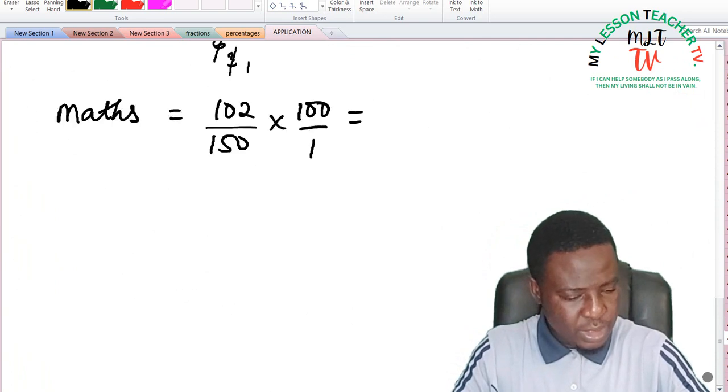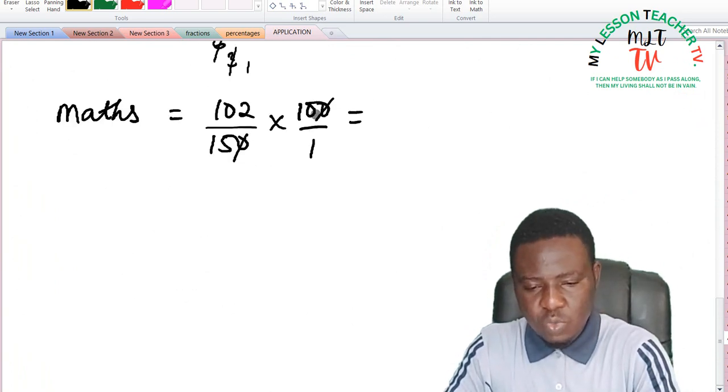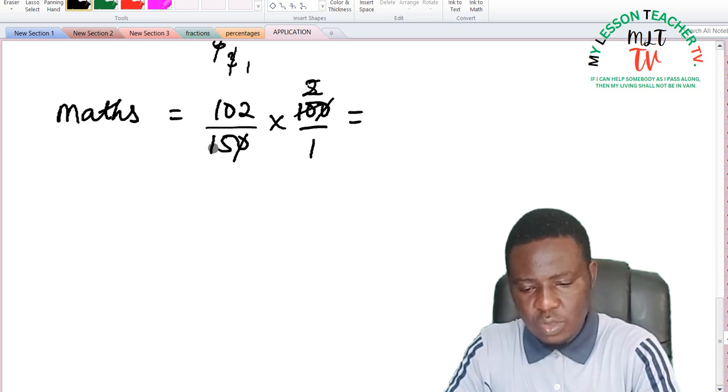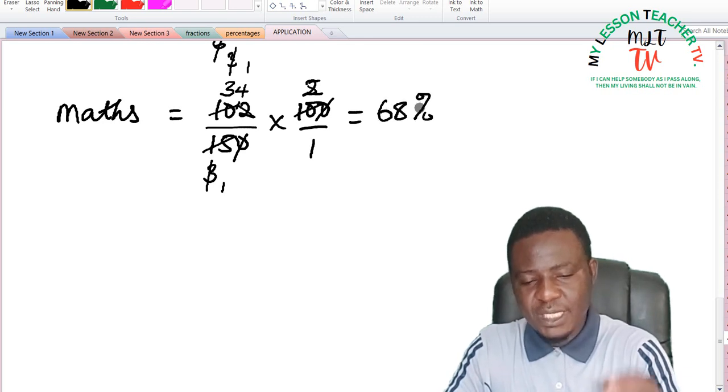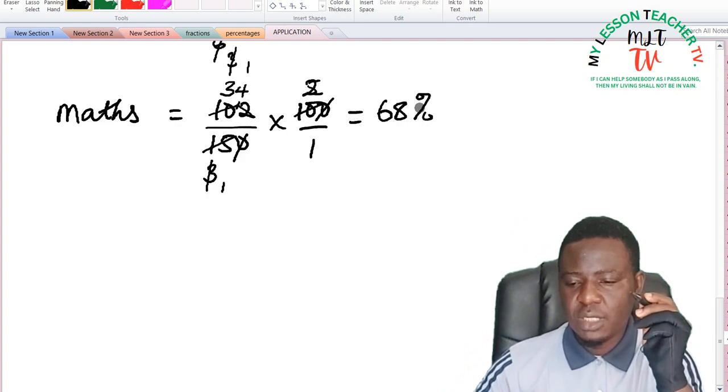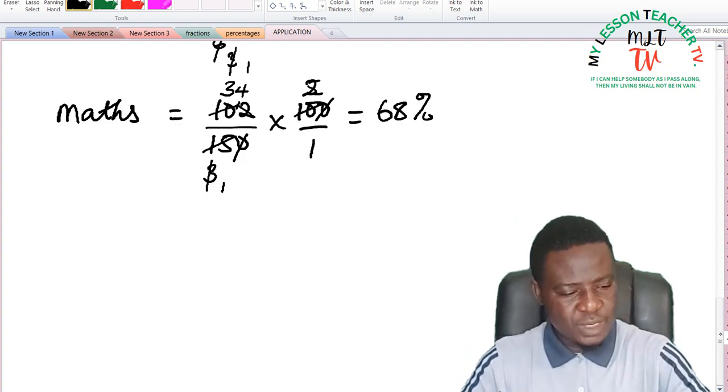So his percentage score in maths, this will cancel out. 3 into 10 is 3 times remainder 1. 3 into 12 is 4. So this is equal to 68%. So in mathematics, he scored 68%.